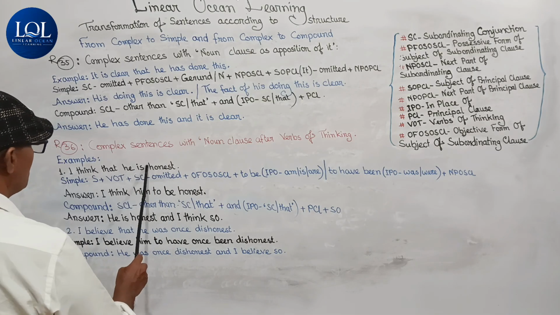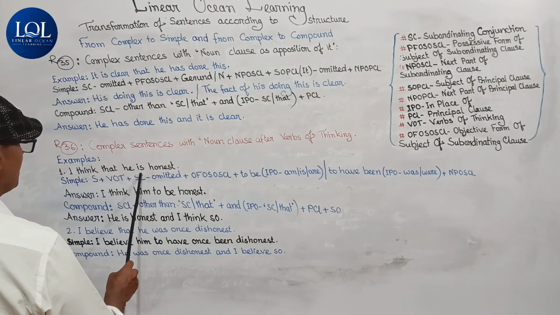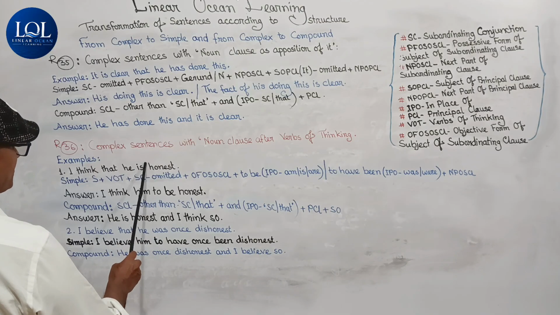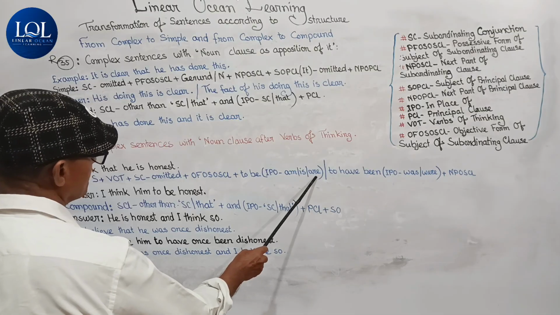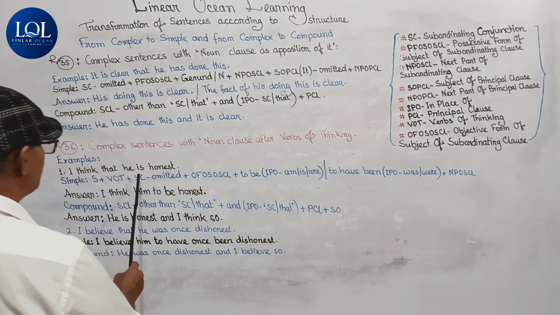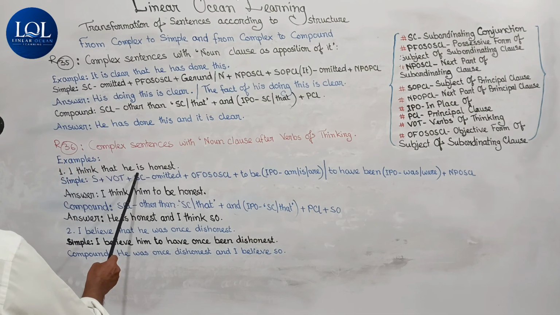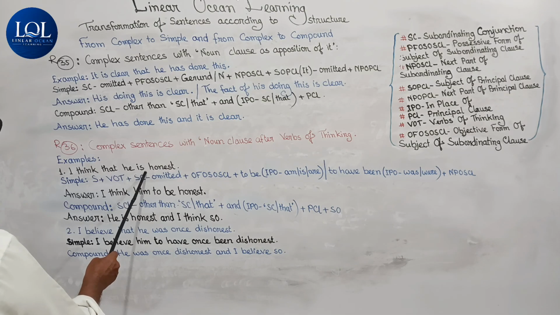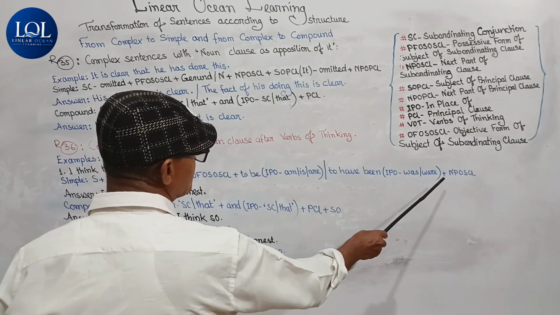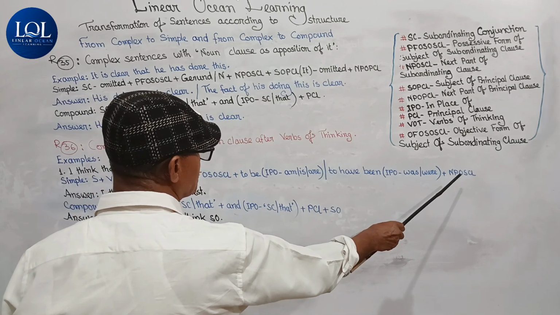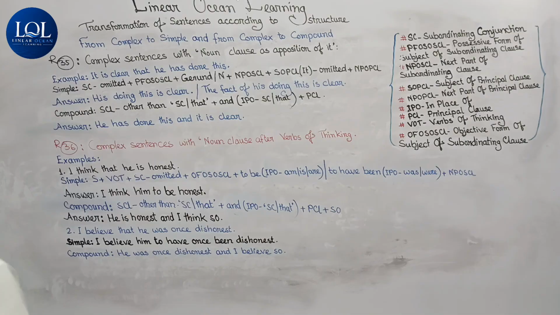Then in place of BV, that is am, is, are in the present, it will be to be, IPO am, is, are. Or if it is in was, were, that is past indefinite tense, then it will be to have been, plus NPOSCl, that is next part of the subordinating clause.